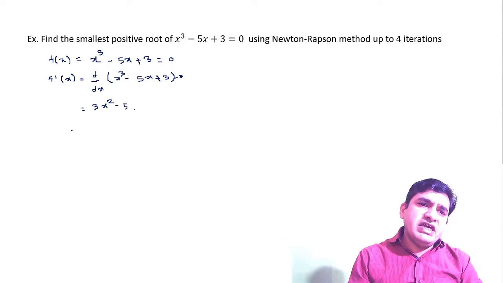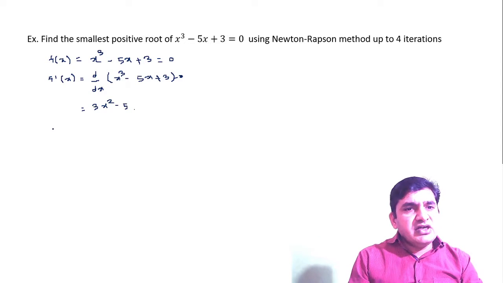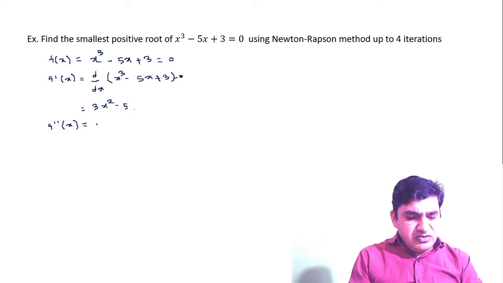This is f dash of x. Now f double dash of x is equal to 6x.